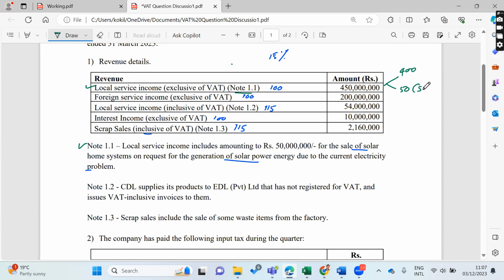As per the VAT law, solar is exempt, so we can consider it is not subject to VAT. You need to be mindful in exams whether any unrelated business is included in the fiction.